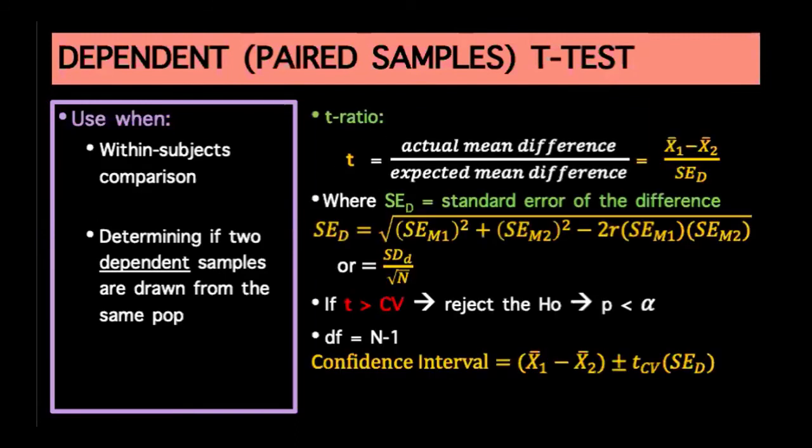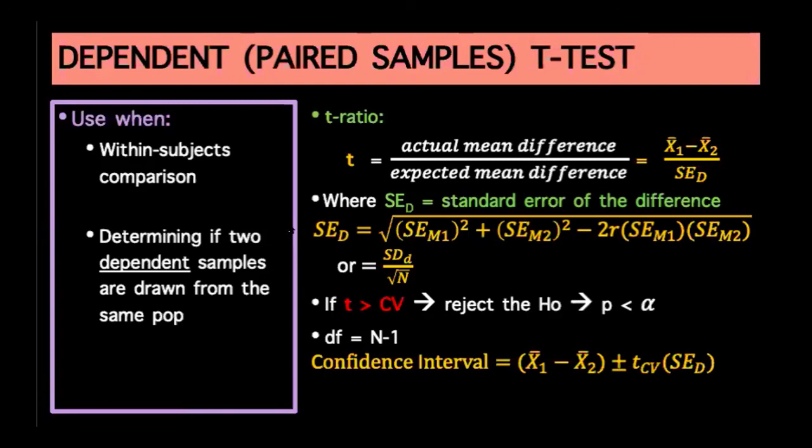The actual calculation concept is exactly the same as an independent t-test, where we're looking at the difference between the means divided by the standard error of the difference. So on an exam, for both independent and paired sample t-tests, you will get this one equation for a t-statistic, okay?